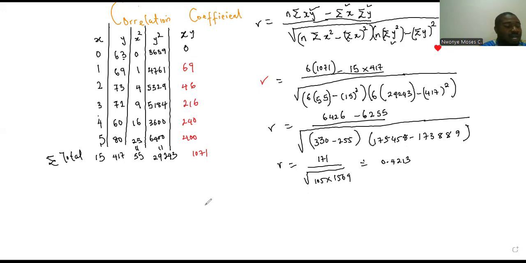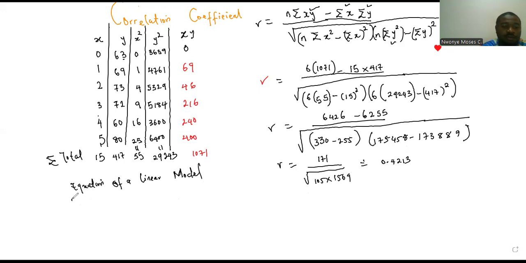Fantastic. And then we can also obtain the equation of the line, the equation of a linear model regression line.